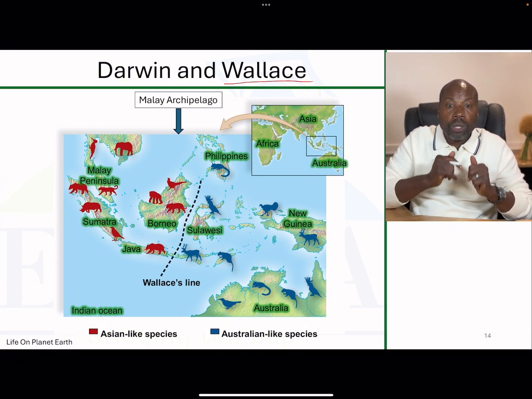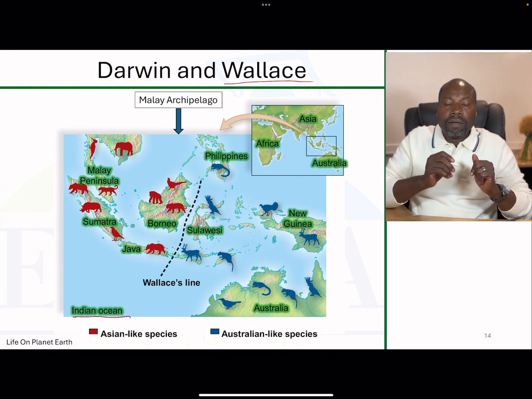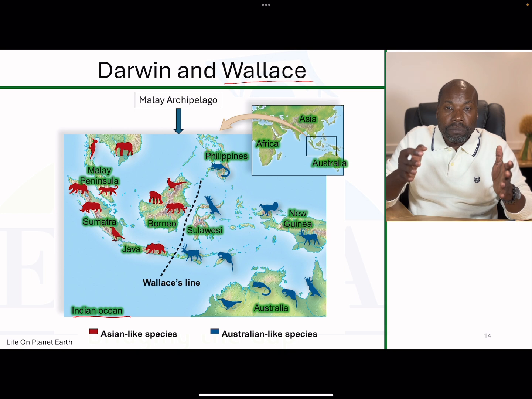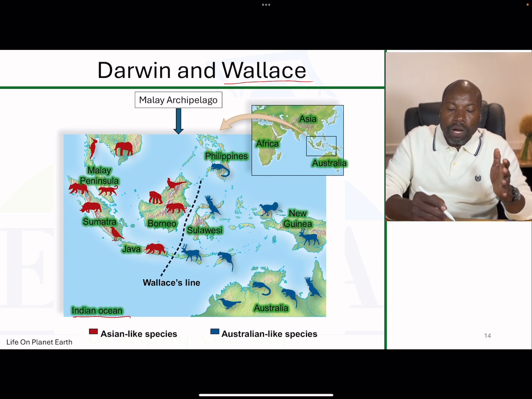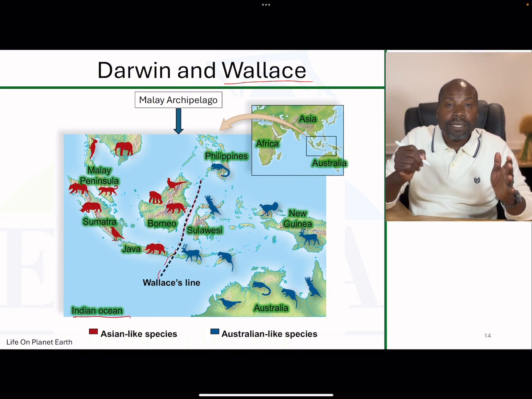Wallace actually showed that in the Indian Ocean, in the Malay archipelago, you have a specific line. That specific line is called the Wallace line.